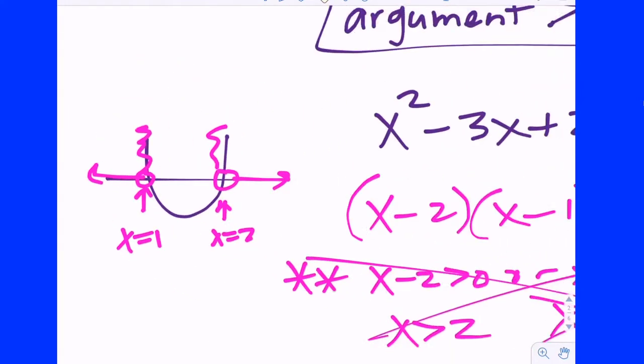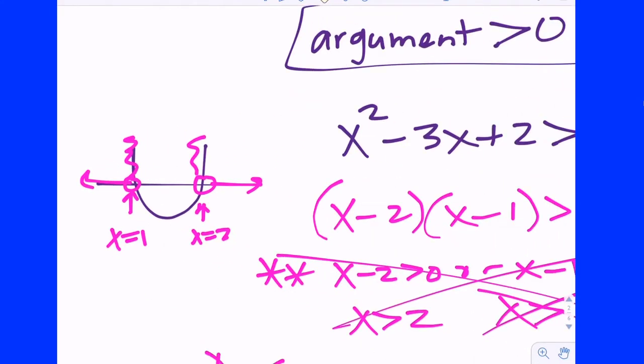If you pick a number just to the left of 1, like 0.999, what type of y value are you going to have right here? Just to the left of 1, you're going to have a very small positive y value. You see that? Your y value on your parabola is going to be very small positive.